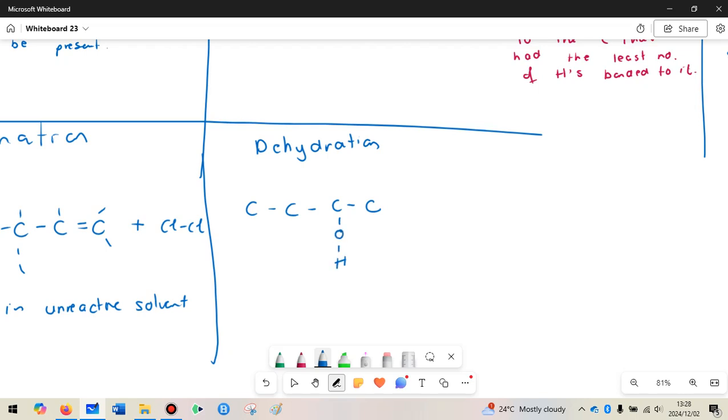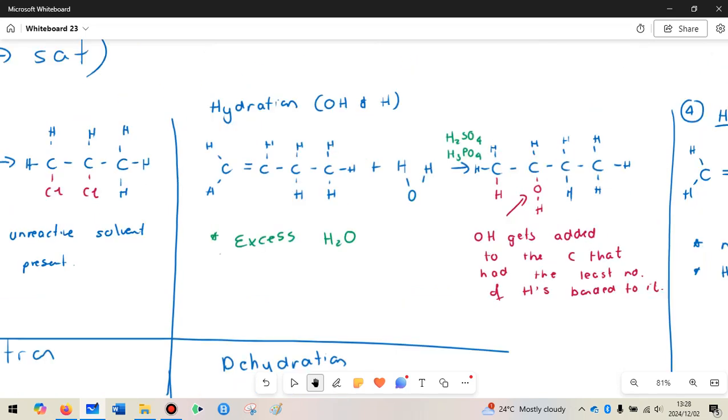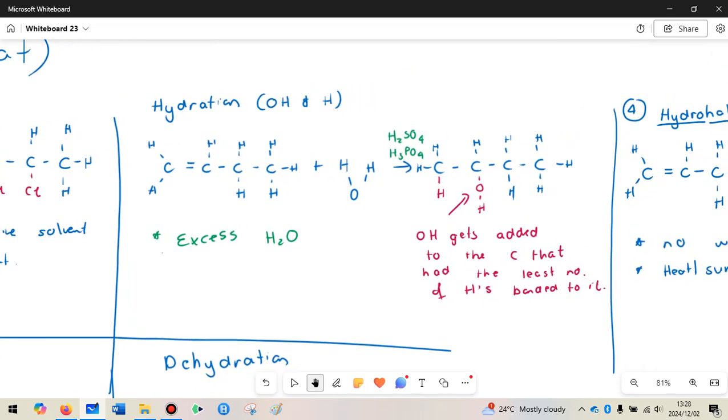When we say we are dehydrating it, we are removing a water, which means removing an OH and also an H, which then becomes water. Now, once again, you have to apply a rule here. You don't need to know the rule, but you need to know how to use it. If we're adding in water, the rules say that we add the OH to the carbon that had the least number of hydrogens. That is called your major product.